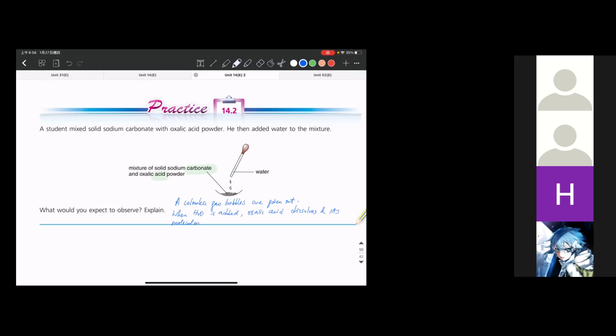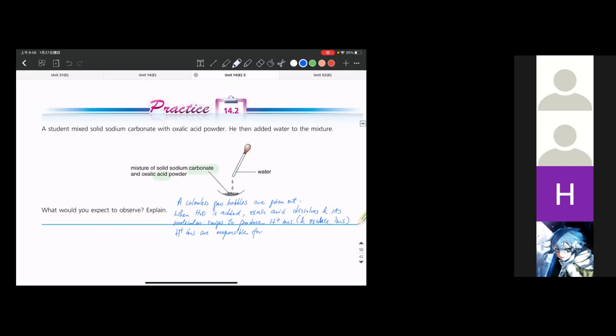The acid molecule ionizes to produce what? Hydrogen ion. Of course, you may have another chemical, which we call oxalate ion. Oxalate ion is the acid salt form, but we focus on hydrogen ion.